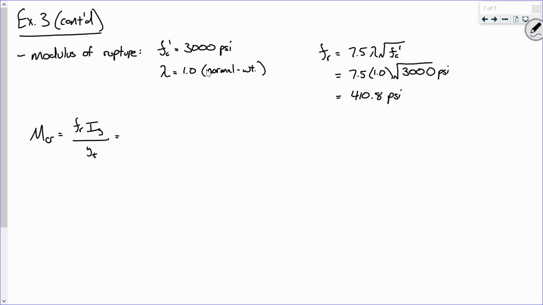Right? Sound good? Remember, just sigma equals My over I, solving for the moment. So we're going to get 410.8 psi times, what's that moment of inertia? 60,000, was it 184.9? Yes.